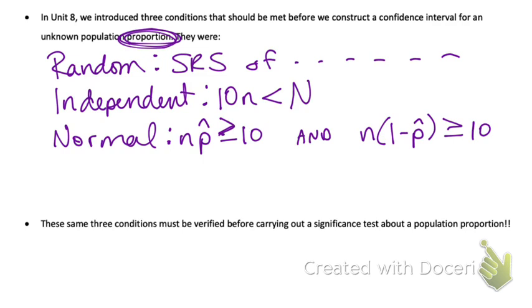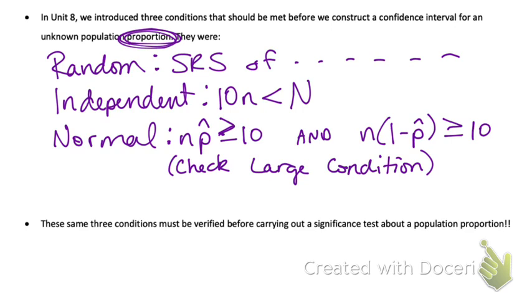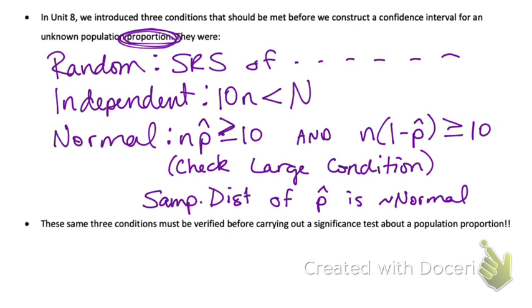This is the large count condition. So we had to check the large count condition. And remember at the end, we had to write that the sampling distribution of p hat is approximately normal. We had to do all of that back in Chapter 8 when we were doing a state, plan, do, conclude. We had to do those conditions for confidence intervals. Refreshing any memories before spring break?